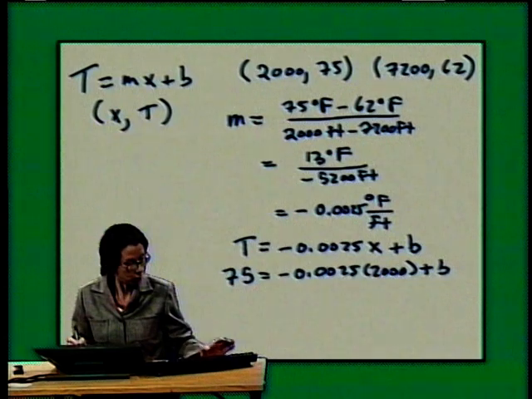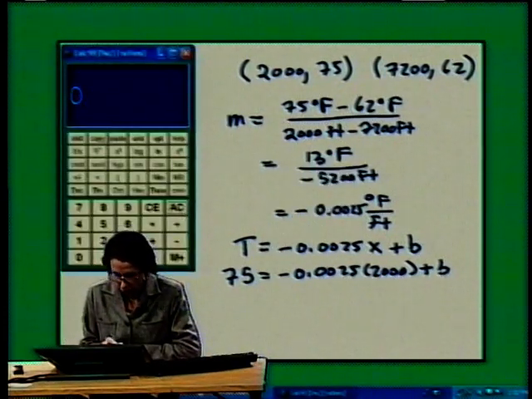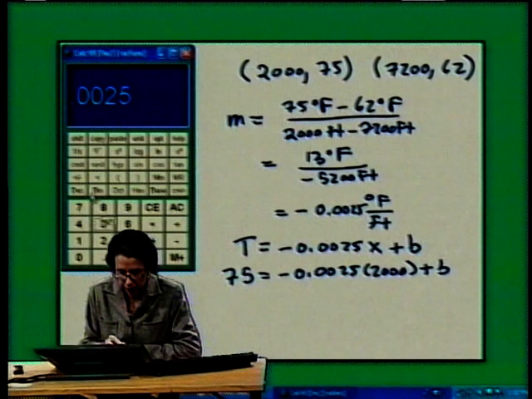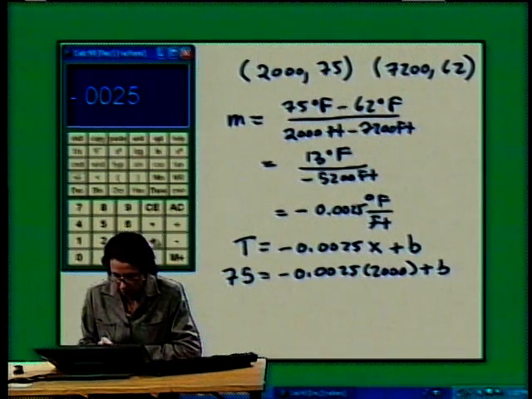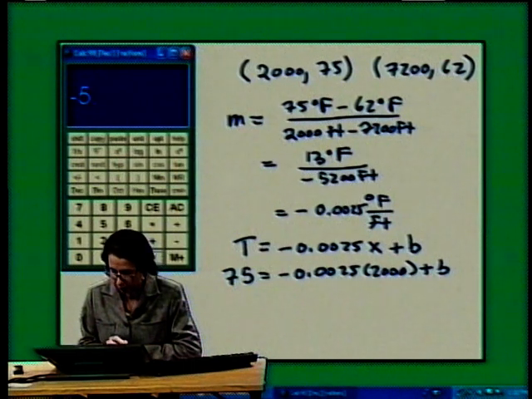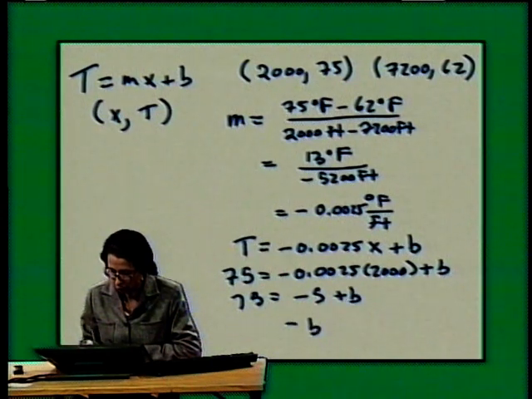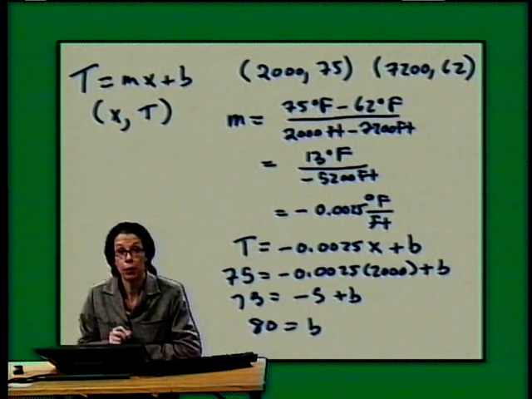So let me do that computation. I have negative 0.0025 times 2,000, that's negative 5. So I have 75 equals negative 5 plus b, so b equals 80.